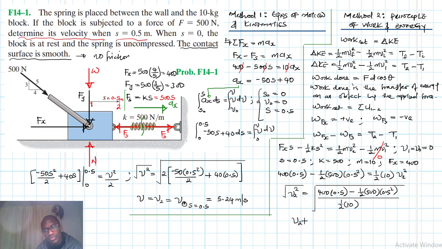Our V2, which is just equal to V at S equal to 0.5, is equal to, you can grab your calculators and work it out, 400 by 0.5 minus 0.5 by 500 by 0.5 squared divided by 0.5 by 10, and square root of that, we have 5.24 meters per second.